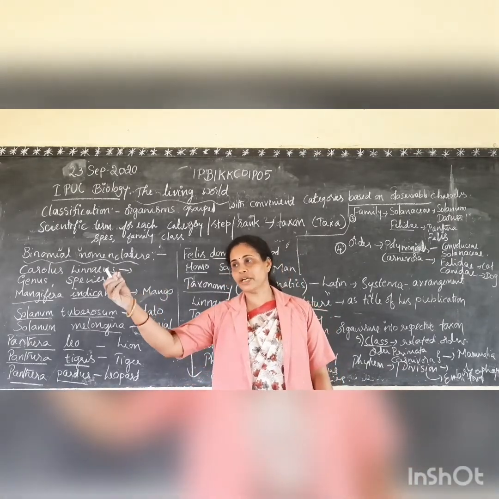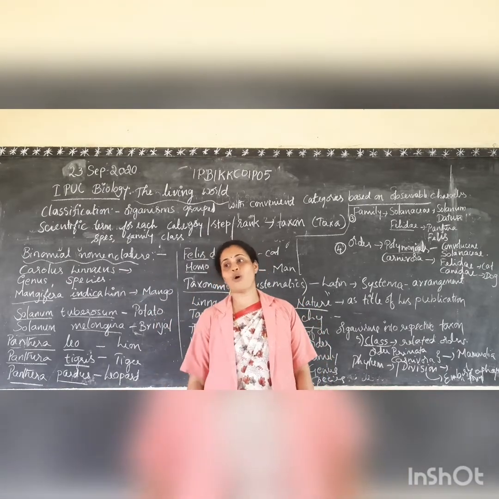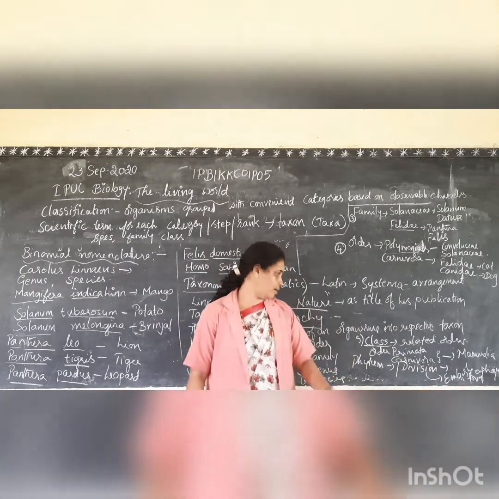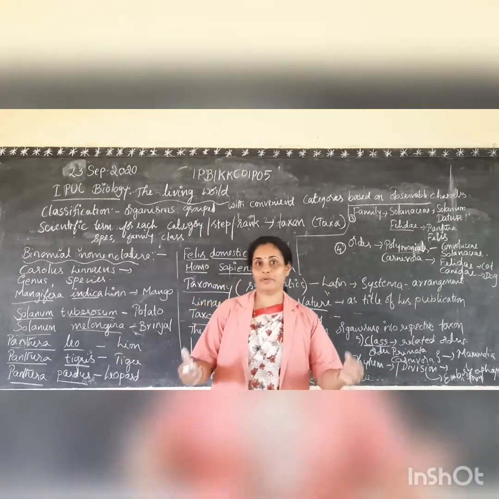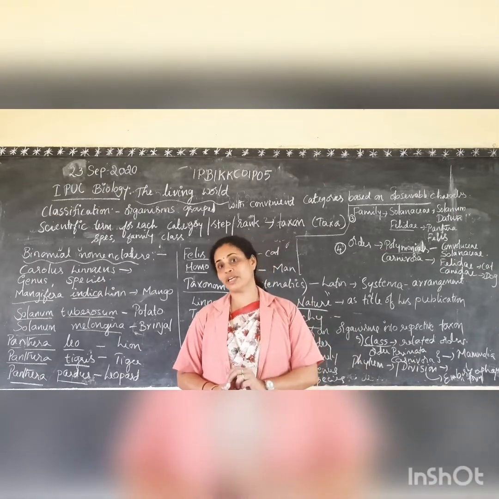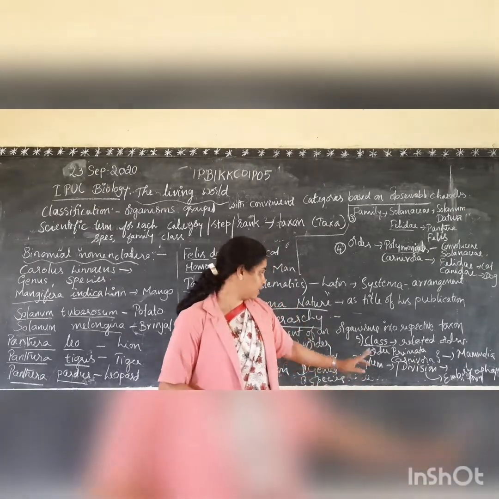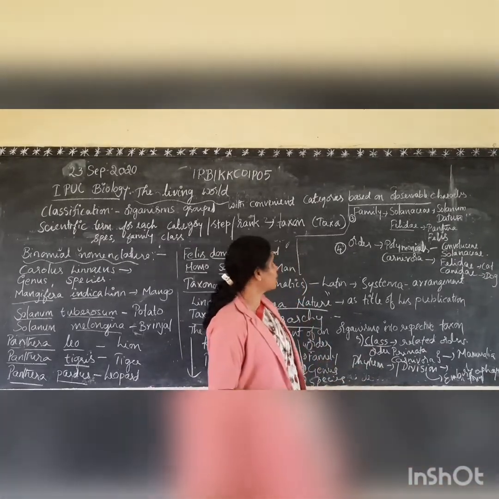In chordates there is only one phylum, Chordata. In plants, for example, Embryophyta, where there are two classes, Dicotyledonae and Monocotyledonae. That is the next higher taxon in classification.